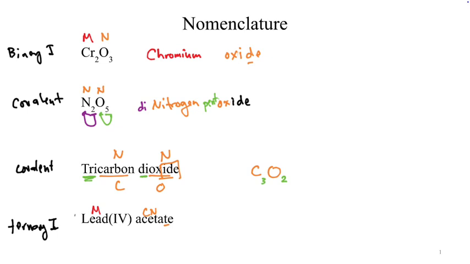Is chromium one of the metals that has more than one? That can be a really hard question because you look at the periodic table, which ones was I supposed to know, the ones that have it? Should I memorize the ones that didn't have it? You should memorize the ones that you're supposed to know. And if it's not that, what do you need? Now you need to specify the charge.